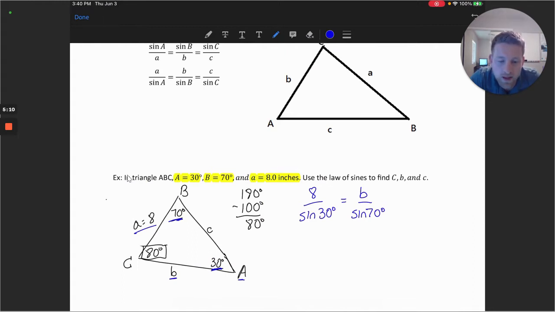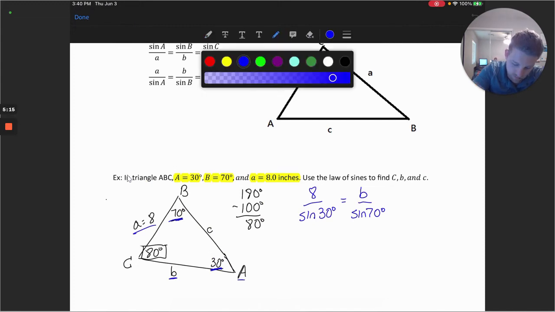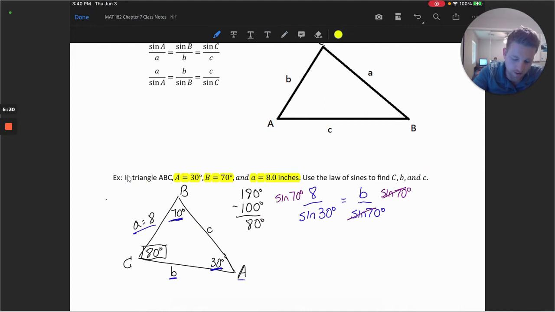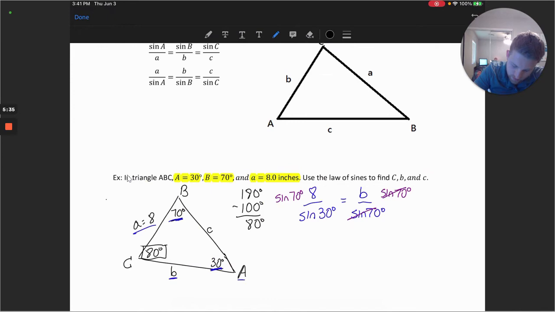We just want to set one ratio equal to another, and now we're going to solve for that single variable. We can do that by multiplying both sides by sine of 70 degrees. The sine of 70 degrees will cancel on the right side, and we'll just be left with b. Let's write that out one more time, and we'll find our approximation. So b is equal to 8 sine of 70 degrees divided by sine of 30 degrees.